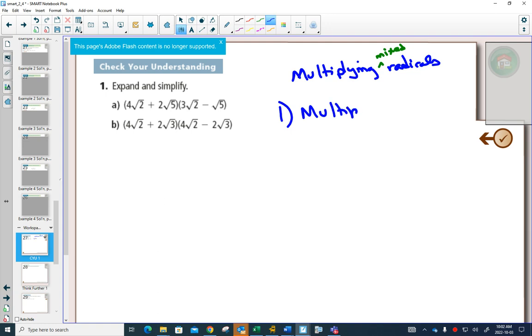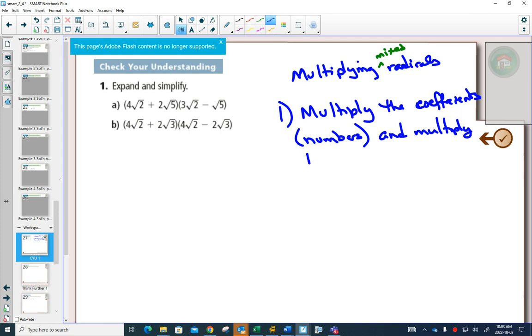Just to review, when you multiply radicals, you're going to multiply, I'm going to say, the coefficients or the numbers in front. And we're also going to multiply the radicals.